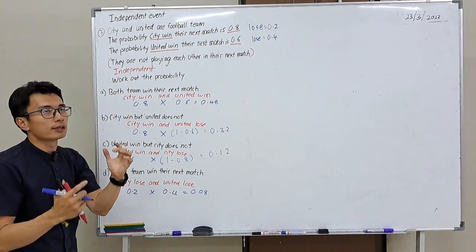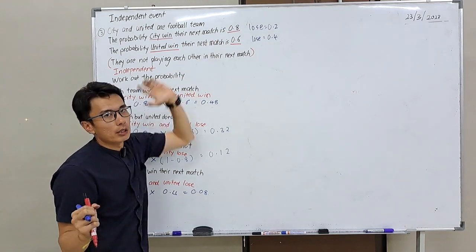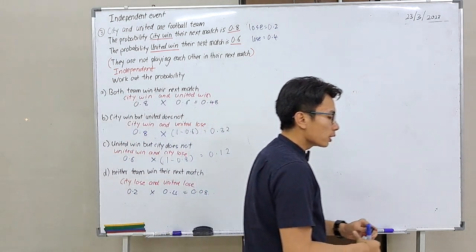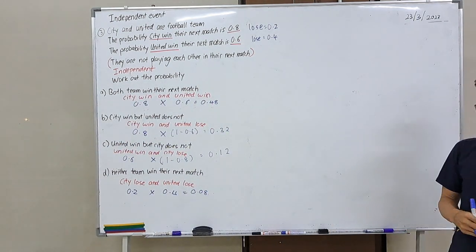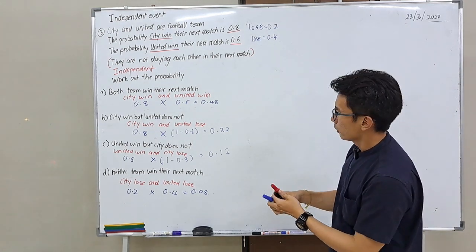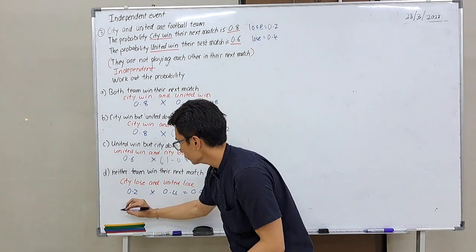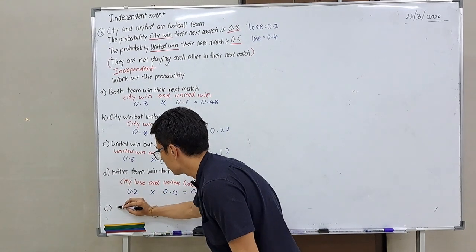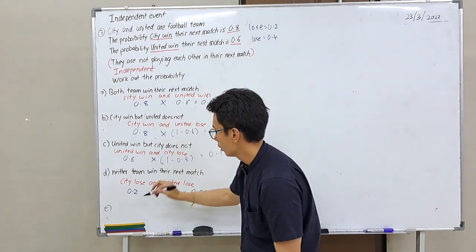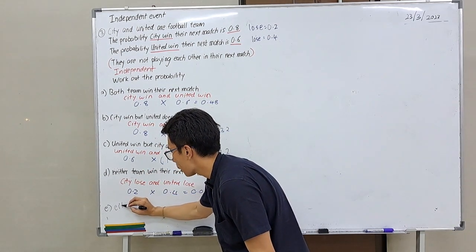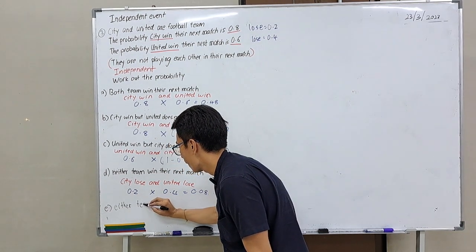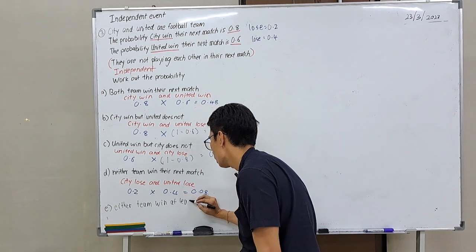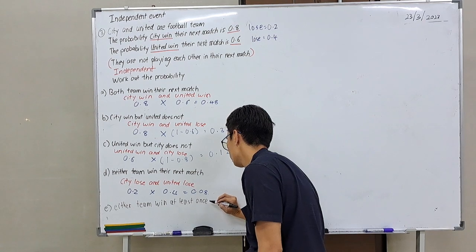So you need to always understand, can we extract information out from here and utilize it in your question. Now I'm going to give you one more bonus question, which I'm going to write over here, E. I want you to work out the probability that either team wins at least once.